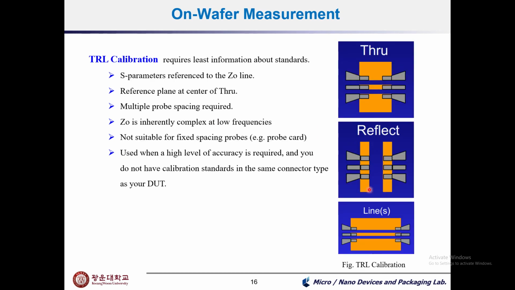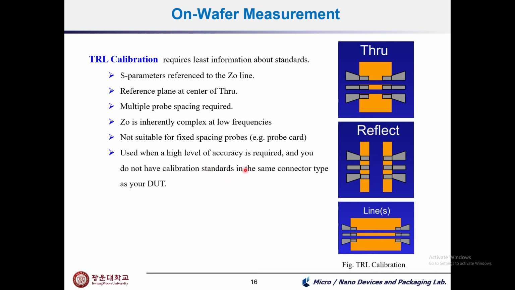And for the TRL calibration, you can see the S parameters are referenced to the Z0 line. In this case, the reference plane is at the center of the through, and these S parameters are referenced to the characteristic impedance Z0 of the line. Z0 is inherently complex at low frequency, and this method requires the least information about standards compared to the SOLT calibration.